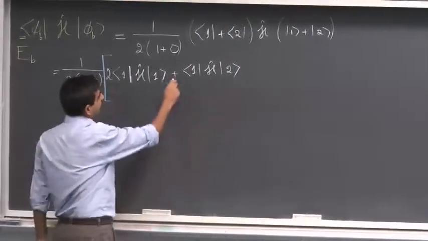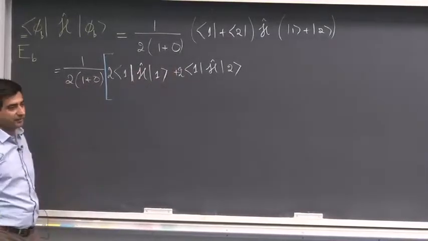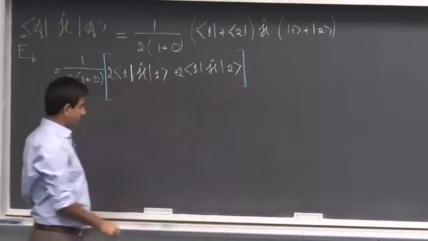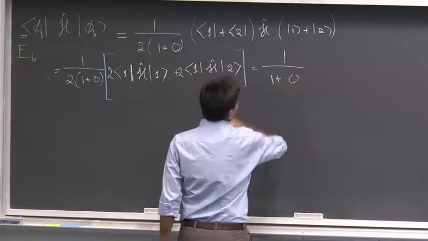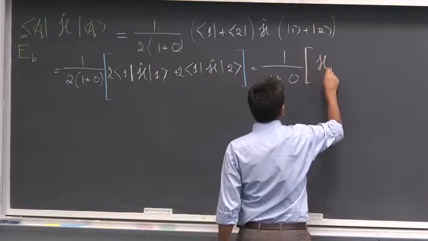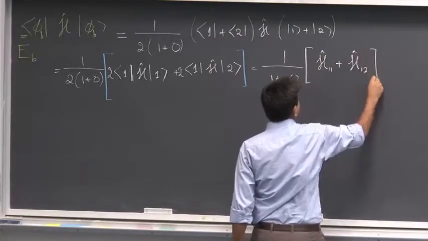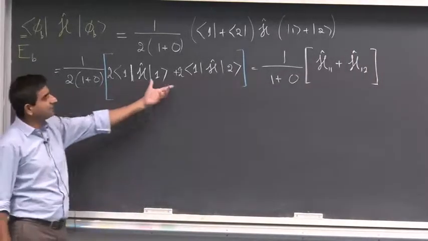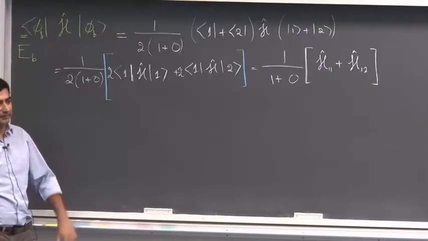But since we've already known that the off-diagonal elements are equal in the Hamiltonian and the diagonal elements are also equal, I'm left with 1 over 1 plus the overlap integral, and I need to calculate H11 plus H12. So these are just matrix elements of the Hamiltonian in the ket 1, ket 2 basis.